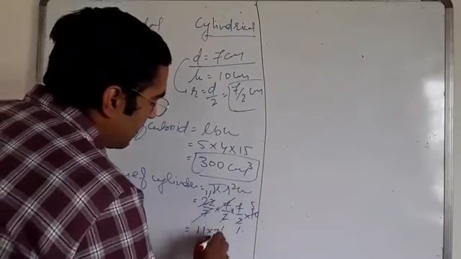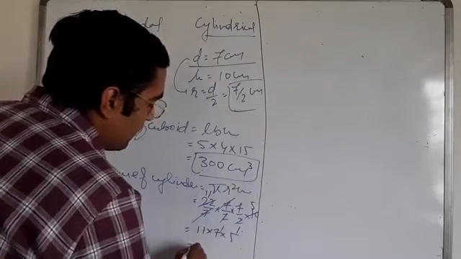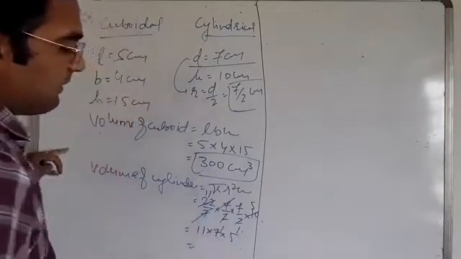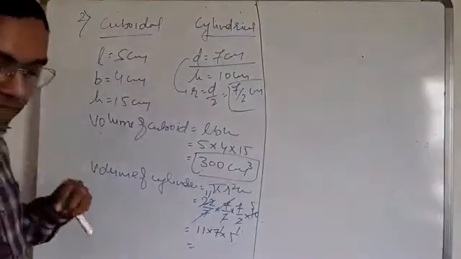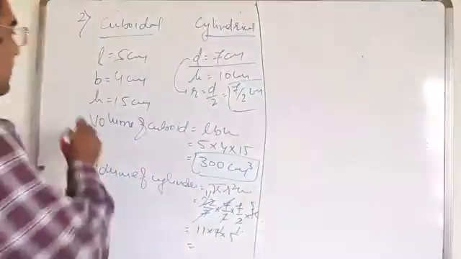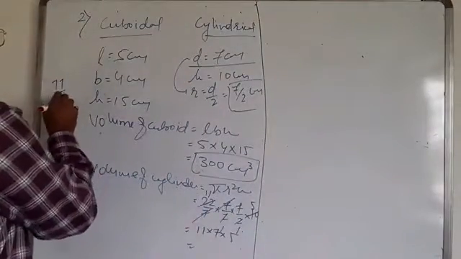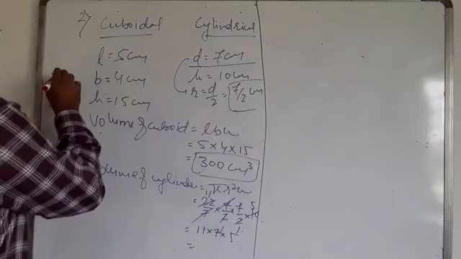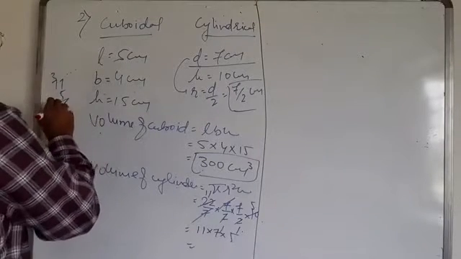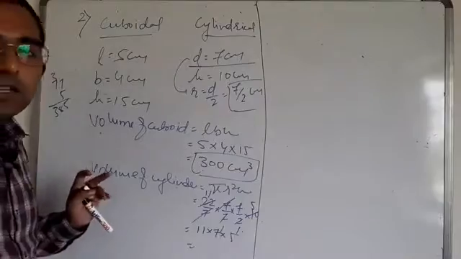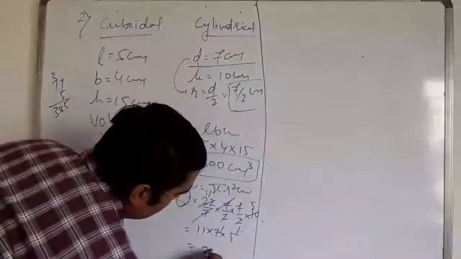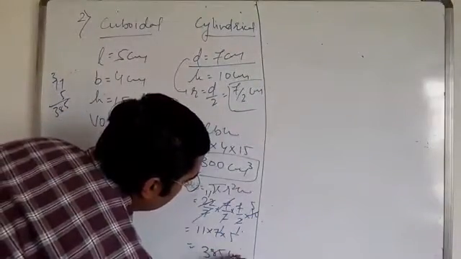Therefore 11 into 7 into 5: 11 into 77, 77 fives are 385. That is 385 centimeter cube.